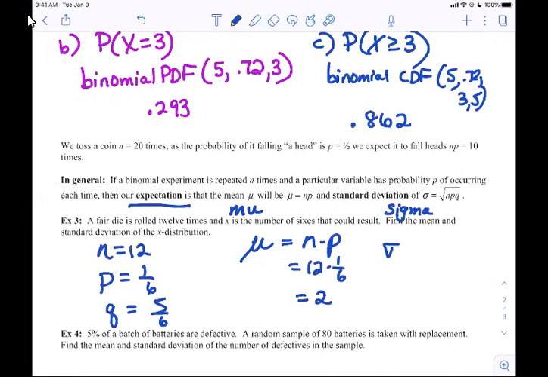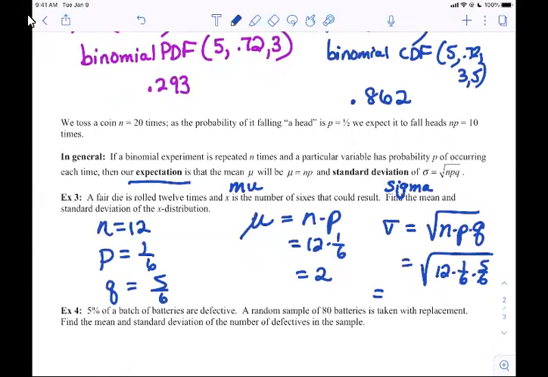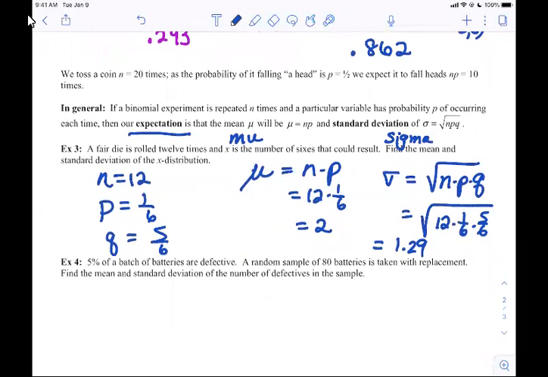Then the standard deviation is sigma, the square root of N times P times Q. So this is 12 times 1/6 times 5/6. And remember, your mean is your average, and standard deviation is the measure of how spread out the numbers are. All right, go ahead and try example 4 on your own.